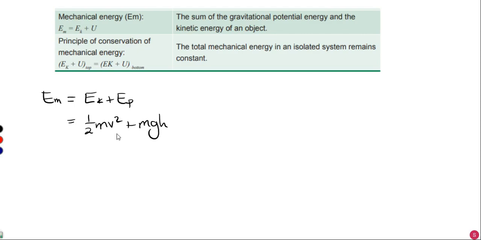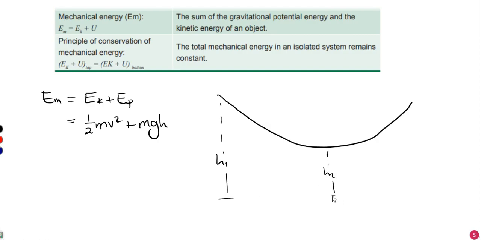And then we said at any given point, an object will always have a mechanical energy, which is the sum of these two. Say maybe we have this curved slope going like that. We have a certain height, which is height 1, and then we have a certain height, which is height 2. At that point right there, we have the mechanical energy, provided that, say, an object is moving at a particular velocity, then the mechanical energy at that point is simply the sum, just like we've said, right?